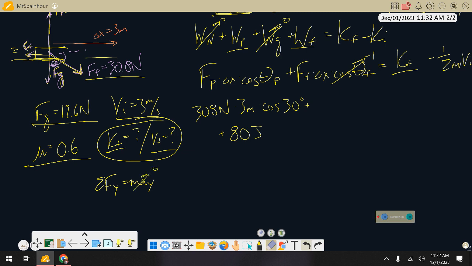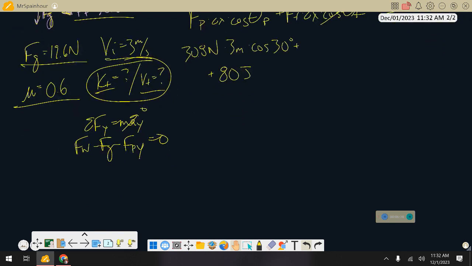The acceleration is in the y. Sum of forces should be force normal minus force gravity minus force push in the y is equal to 0. Then we would get force normal by some basic algebra, just adding these two on the other side.